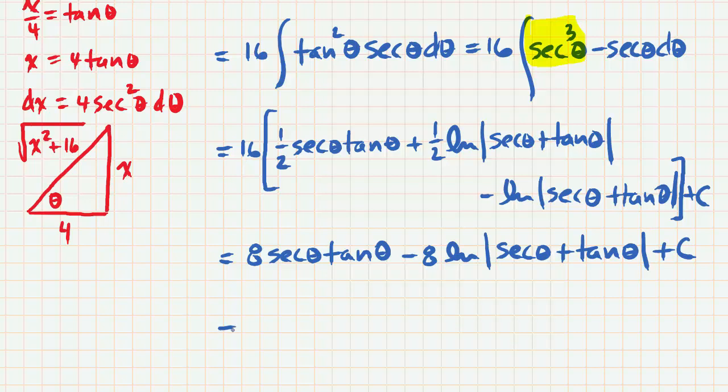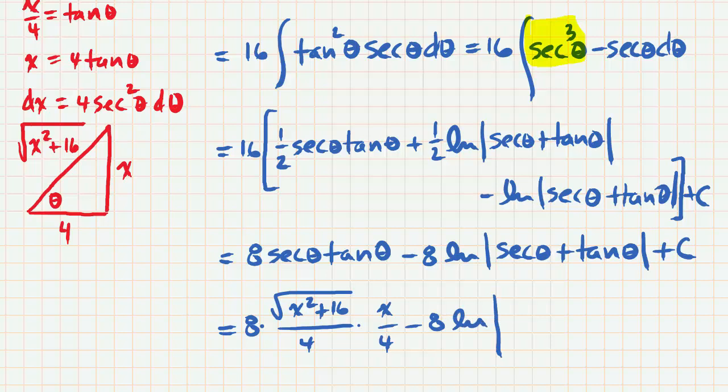Now let's jump to our triangle and rewrite. Secant of theta is the hypotenuse divided by the adjacent side. Tangent of theta is x divided by 4. And then inside the absolute value we have secant theta, so that's again the hypotenuse divided by the adjacent side.